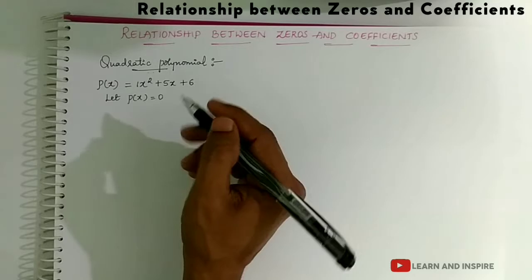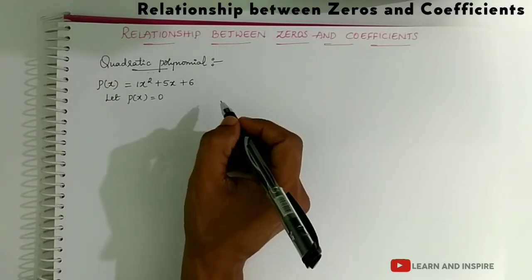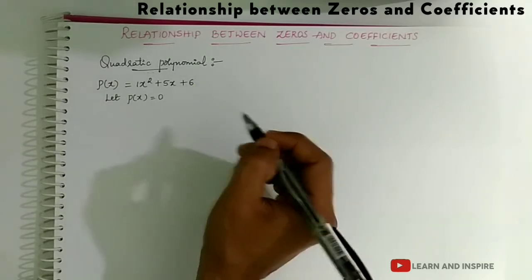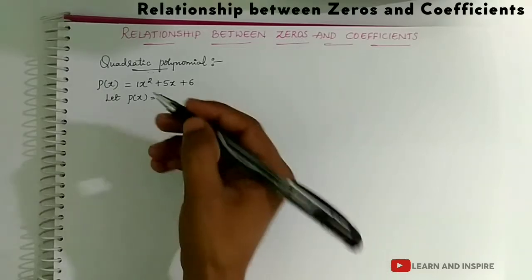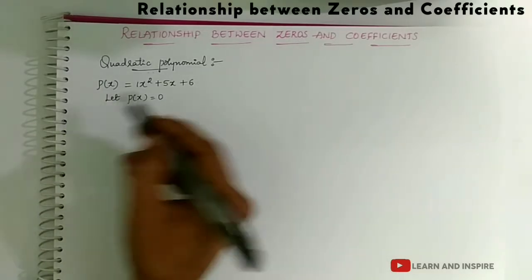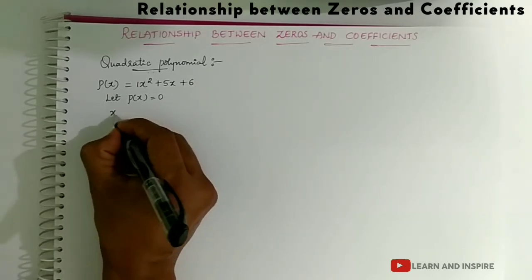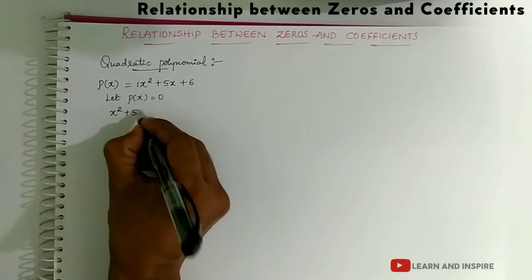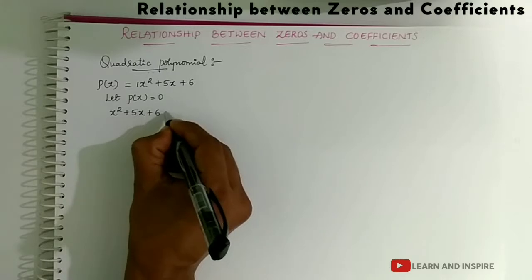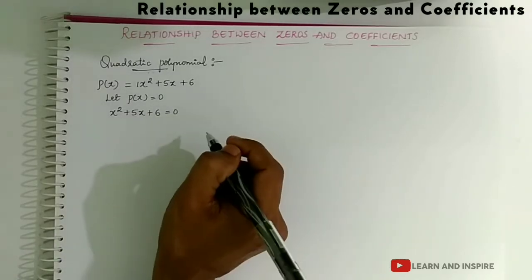As we learned in class 9, how to find a sum and product for a given quadratic polynomial, in the same way we can find the two zeros of the quadratic polynomial. So x square plus 5x plus 6 equals 0. How can we find a sum and product?